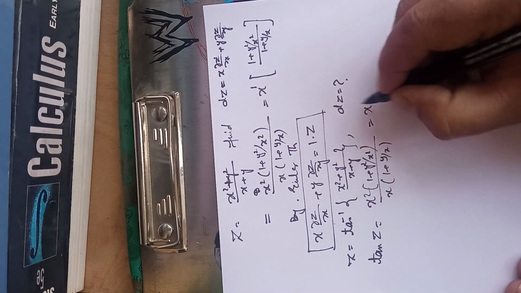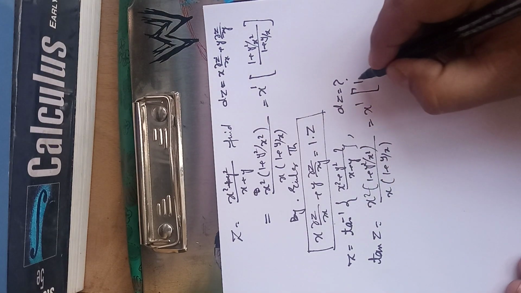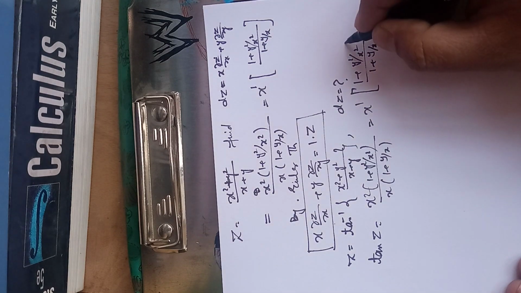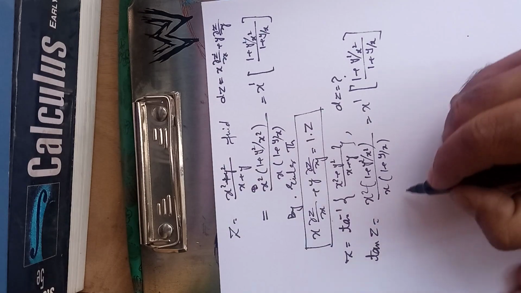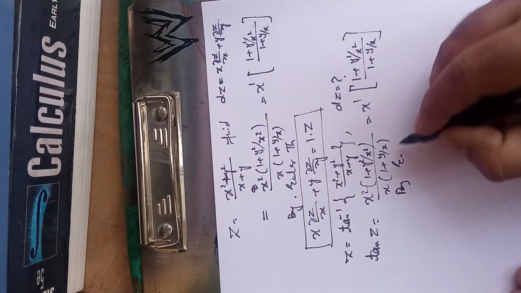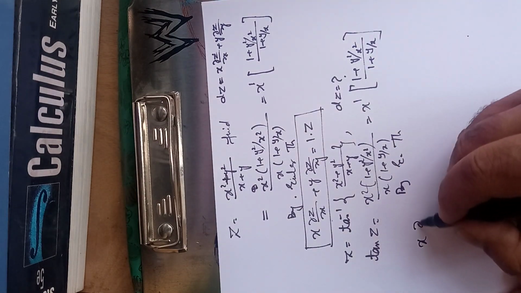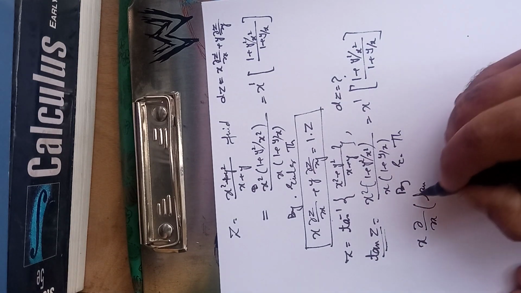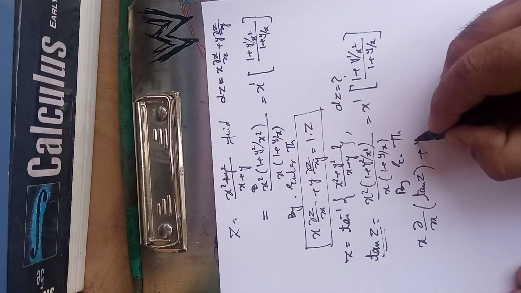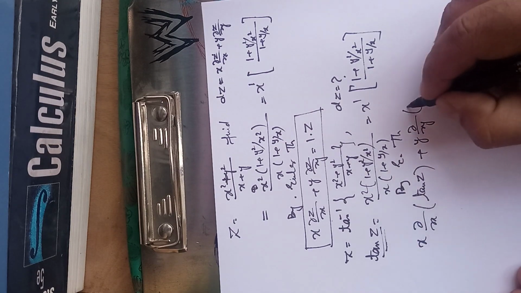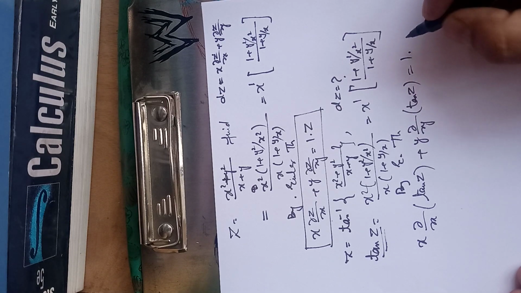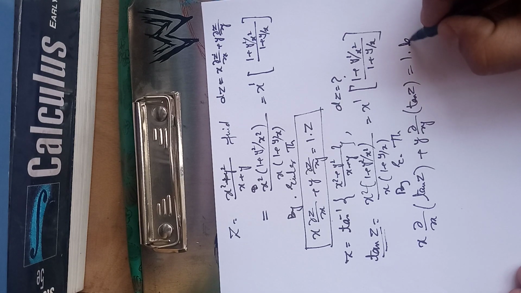So this is x raised to power 1 times a function of y by x. This is a homogeneous function of degree 1. So by Euler's theorem, x del by del x of tan z plus y del by del y of tan z is equal to 1 times tan z. Instead of z you have tan z.